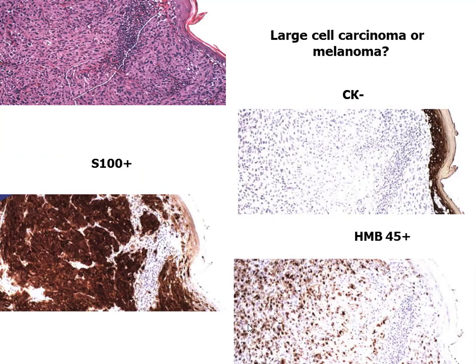Here you can see differential diagnosis of a large cell carcinoma and a malignant melanoma. Both of these malignant tumors are composed of big cells with white-pinkish cytoplasm, with oval or irregular shape nuclei, with multiple mitoses, with atypical mitoses.